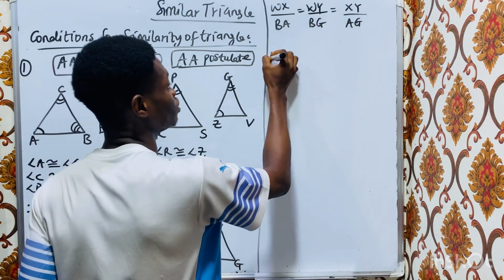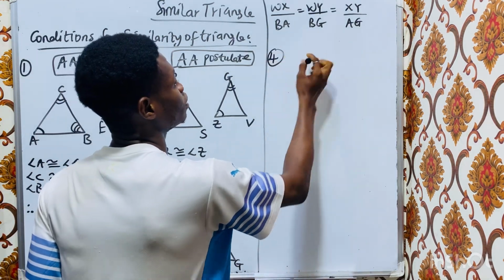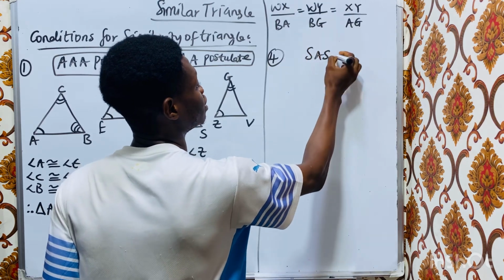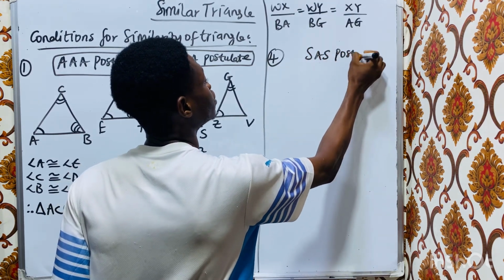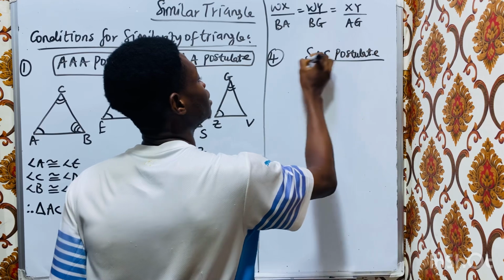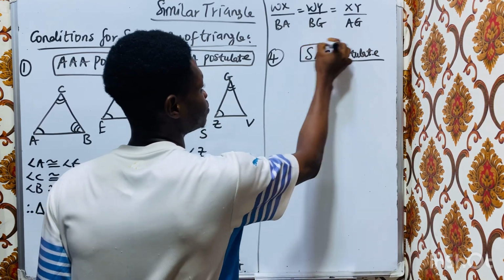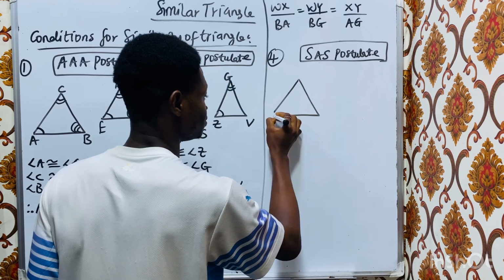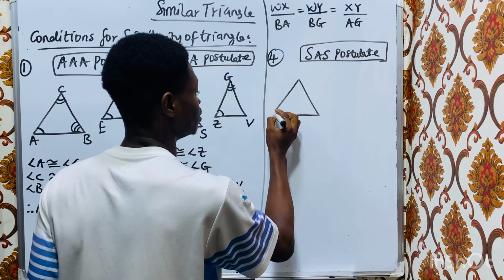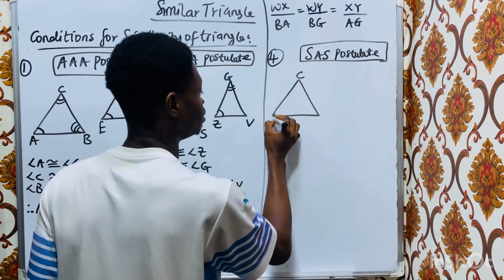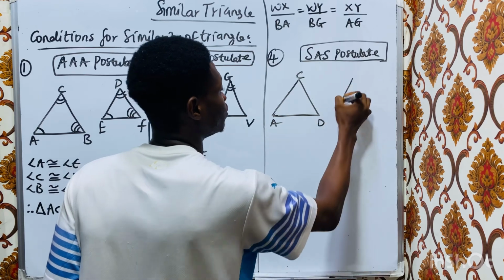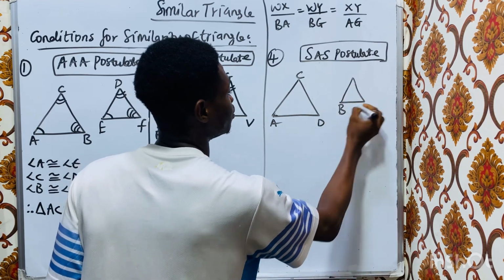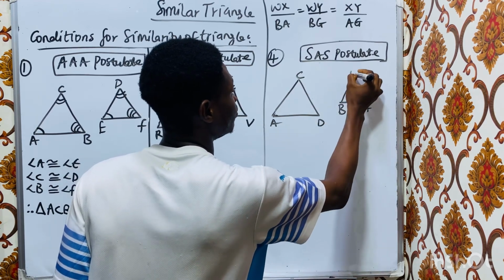Now the fourth postulate is the SAS postulate. If you have a triangle like this, you can call it CAD, and we have another one, BAW.